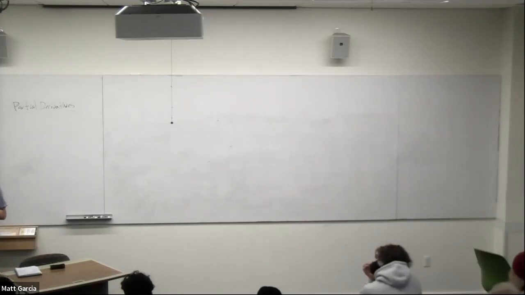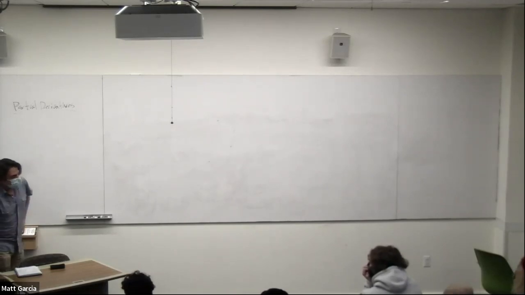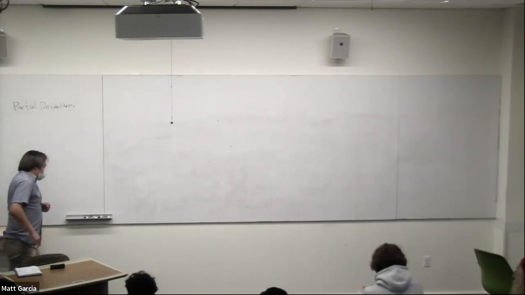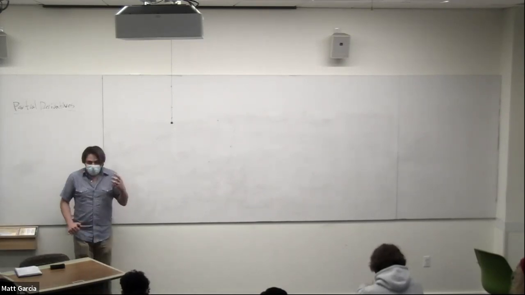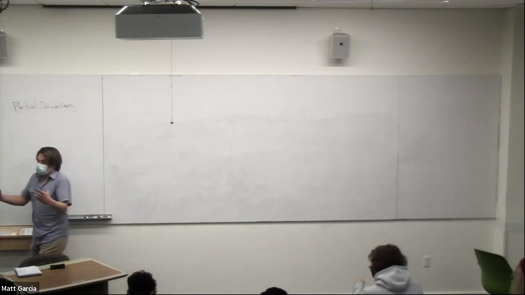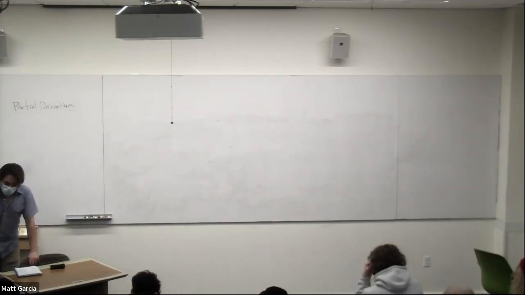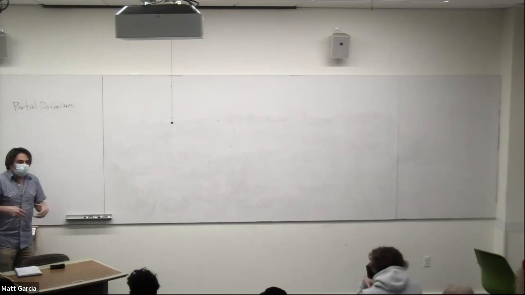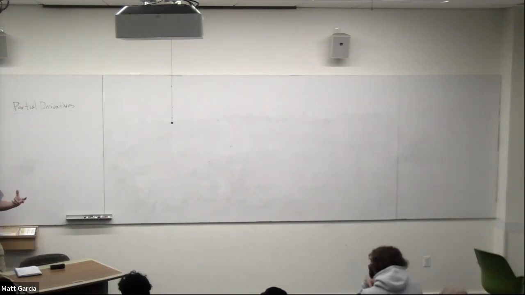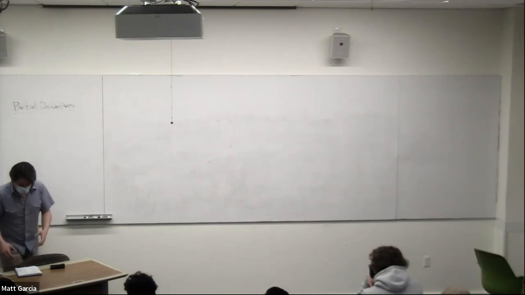Now we're in a quite different situation because when we talk about the derivative, we're really talking about a rate of change, right? When we consider functions of more than one variable, it's ambiguous to say what is the rate of change of this function. We need to specify what variable we are considering the rate of change with respect to, right?